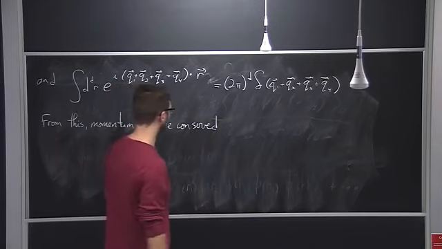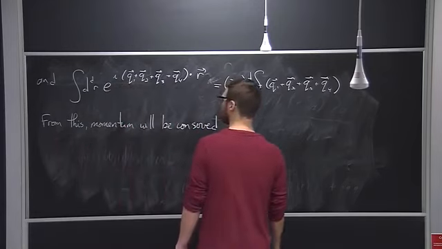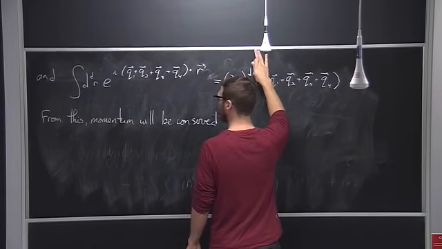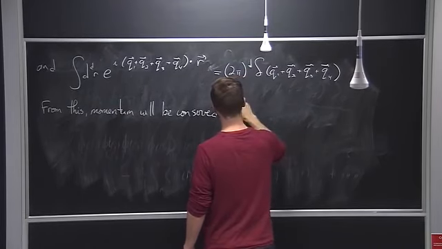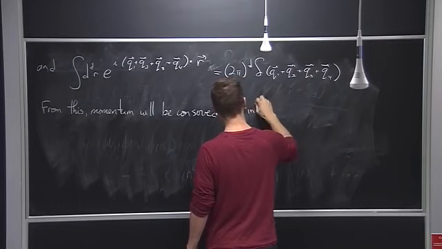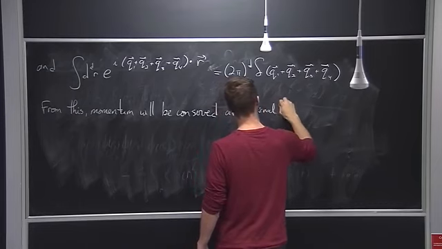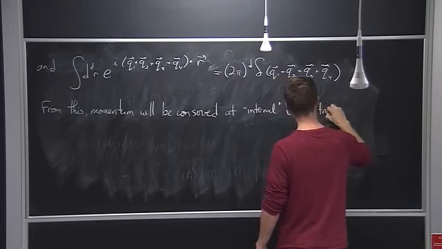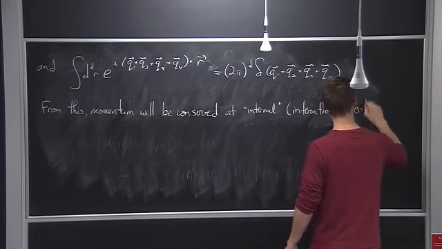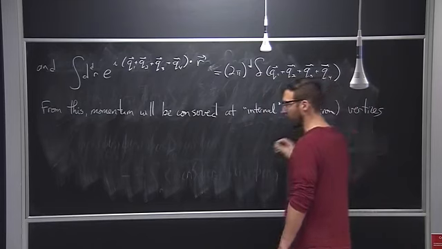I'm just showing you the gist of what this momentum space calculation looks like. So from this delta function, momentum will be conserved at the internal or interaction vertices of your diagrams.